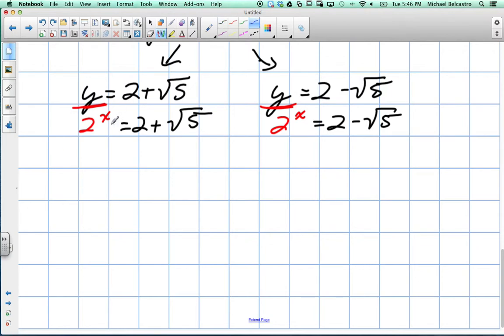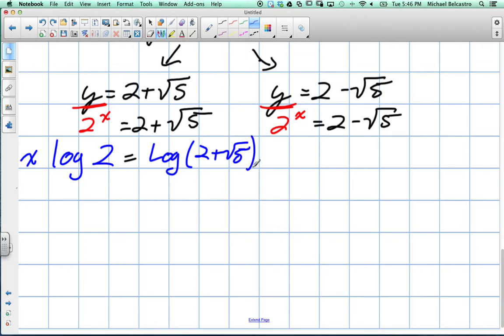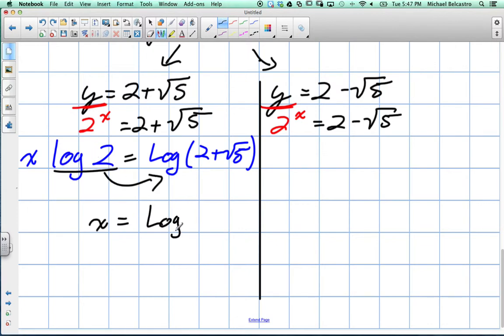If I find the log of this, this becomes x times log base 10 of 2 is equal to the log base 10 of all of these values, so we have to actually give it a number. We'll have to work that out on the calculator. Let's solve the left side and then go to the right. I bring over my log base 10 of 2, so x is equal to log of that value, divided by log 2.